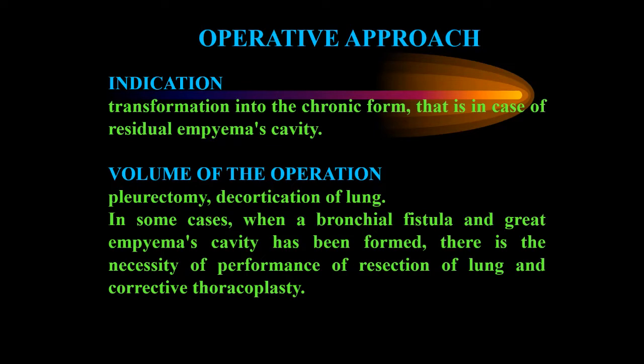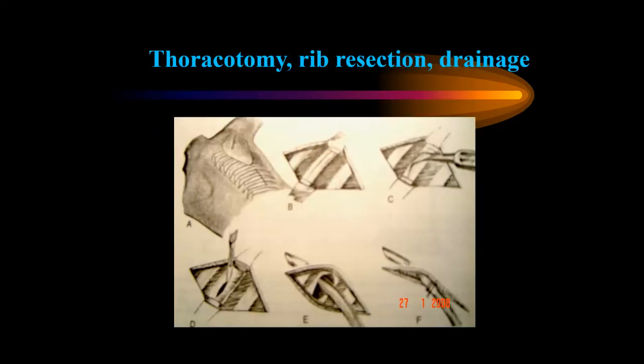In some cases, when a bronchial fistula and a large empyema cavity have formed, there is a necessity of resection of the lung and corrective thoracoplasty. On this picture you can see the stages of this operation: thoracotomy, rib resection, and putting the drainage into the thoracic cavity, and after that fixing it to the skin.